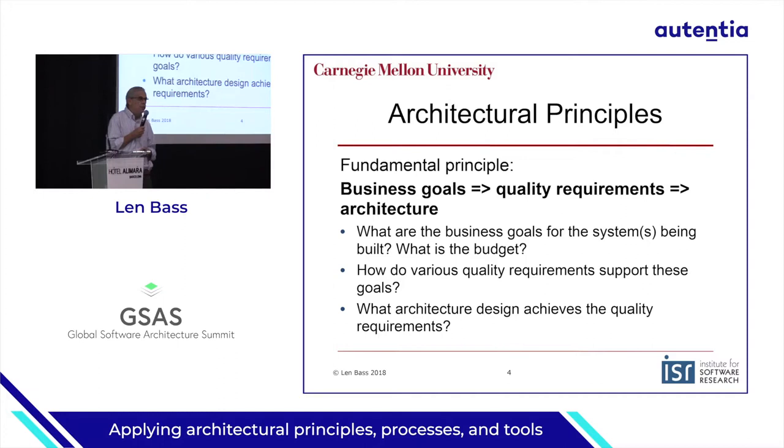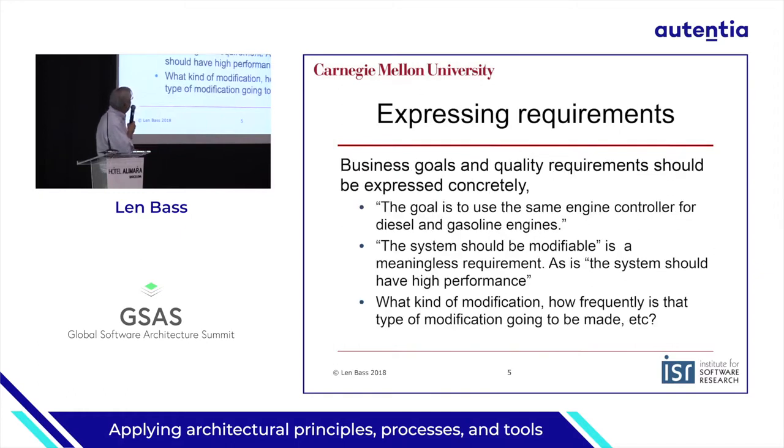The fundamental principle of software architecture is that you need to worry about business goals, and business goals will translate into quality requirements, and then quality requirements will translate into a design. Okay, so that's the fundamental principle. What do I mean by that?